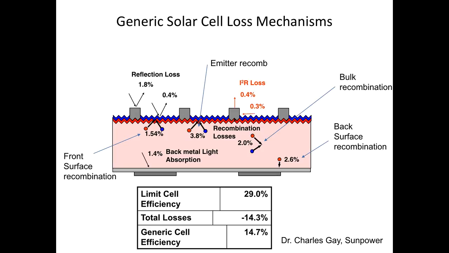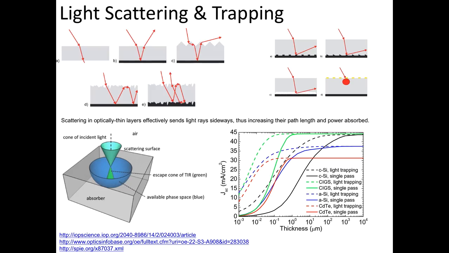And if we look at the loss mechanisms here, we had talked about recombination losses either at the front or towards the back. You get reflection losses because you're using metal contacts, so you're not absorbing over those areas of the light. I talked a little bit about light trapping.